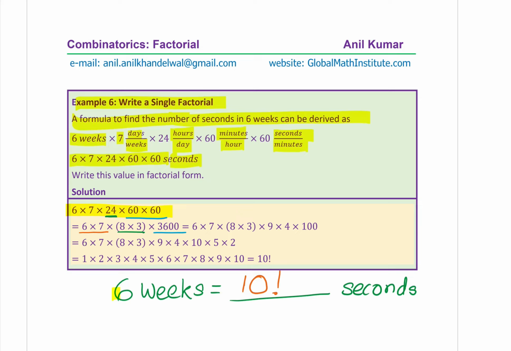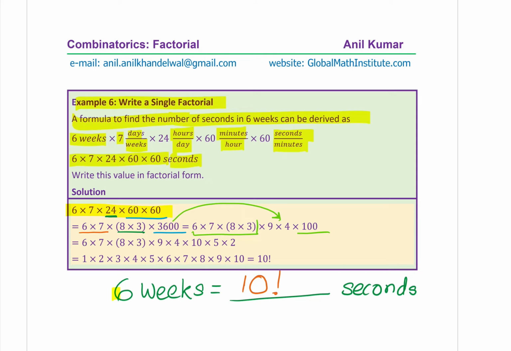Well, now you can observe that we have 6 times 7 times 8 times 3. Some numbers are missing, so we have to expand 3600 to get other numbers. So let me just copy these numbers which we already have, which are 6 times 7 times 8 times 3. Now, as far as 3600 is concerned, 36 is 9 times 4. So we got two more numbers, and 100.